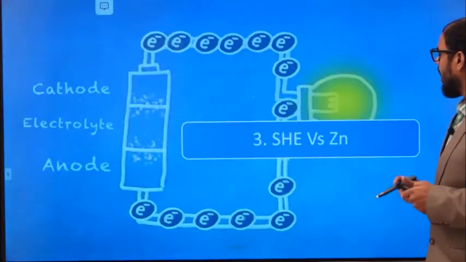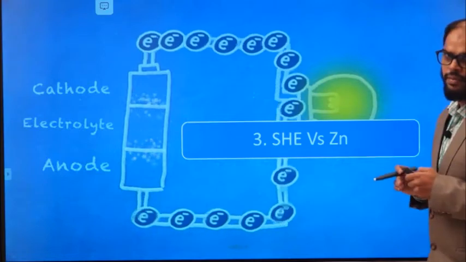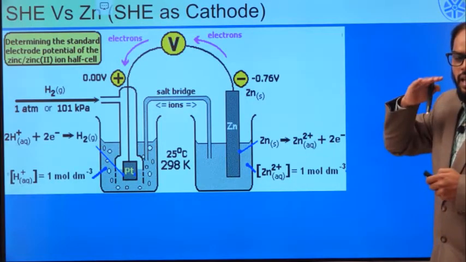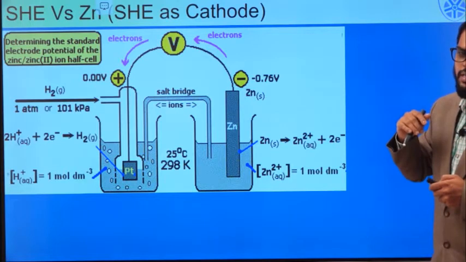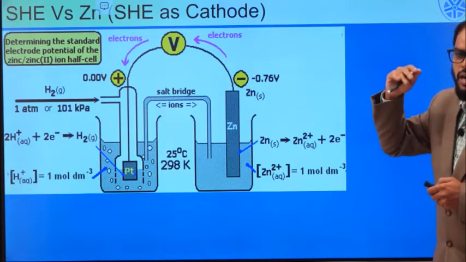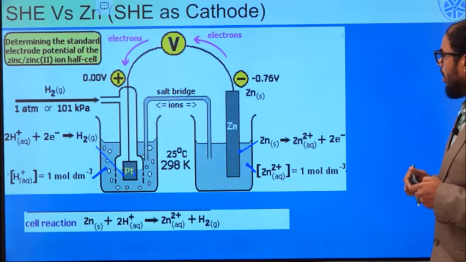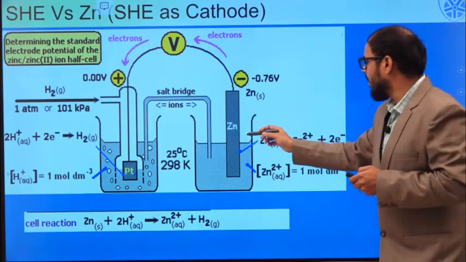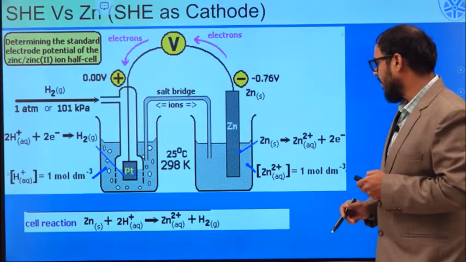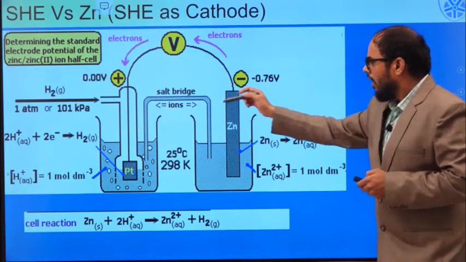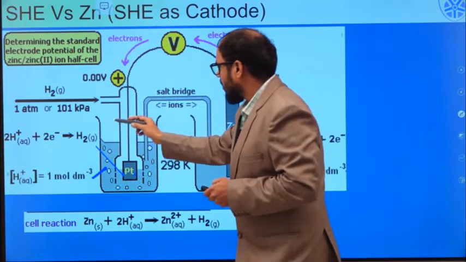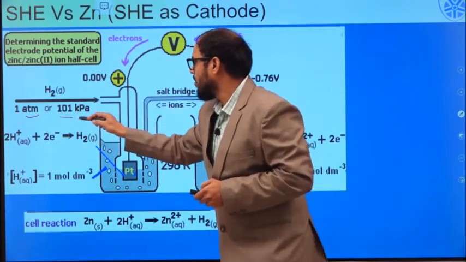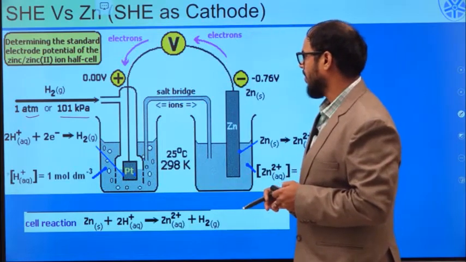Let us try to understand SHE versus zinc. We should know that zinc occupies a higher position in the electrochemical series, much higher than hydrogen. We have a situation where zinc is dipped in zinc sulfate, and we have the SHE electrode maintained at 1 atmosphere or 101 kilopascals.